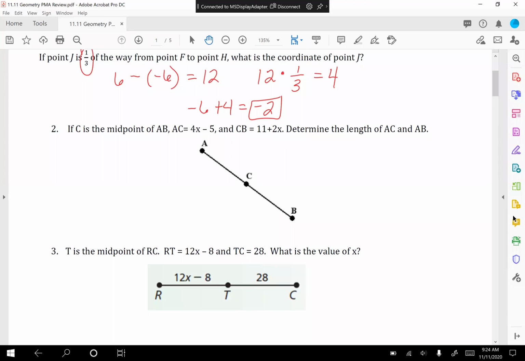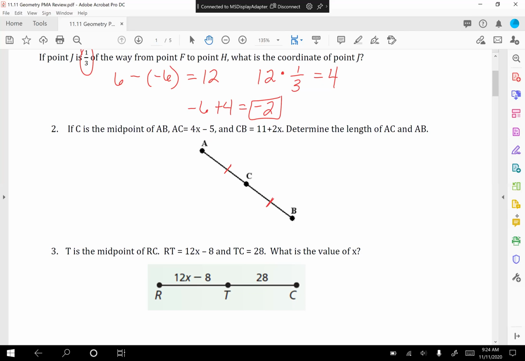Okay, next one. It says C is the midpoint of AB. Midpoint means it's halfway, so AC and CB would be congruent, which means they're equal.